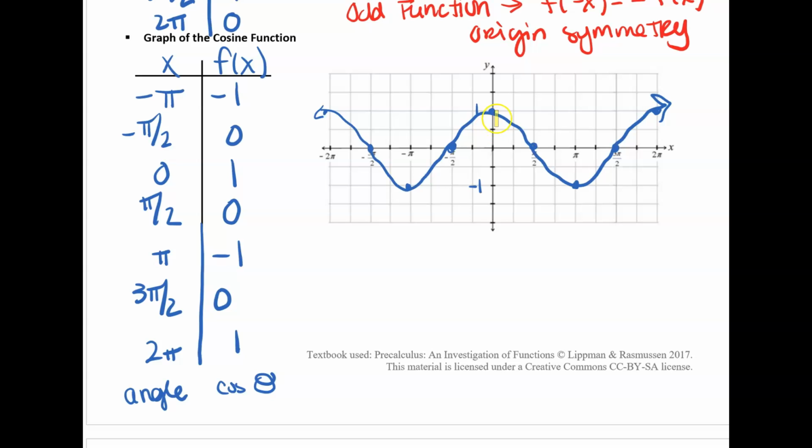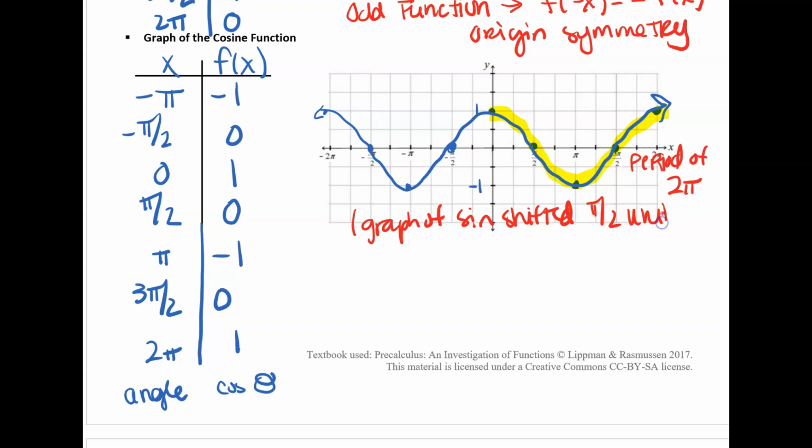So also let me note that from here all the way to 2 pi is going to be your period. And so this one also has a period of 2 pi, meaning that is the interval before it cycles again. Now notice with this one, this is the graph of sine, but it's just been shifted pi over 2 units over.